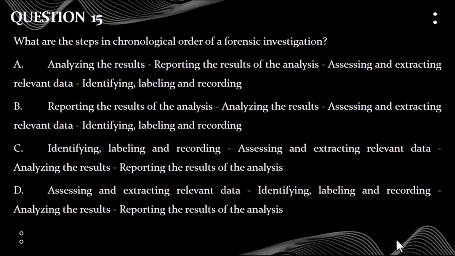C. Identifying, labeling, and recording, assessing and extracting relevant data, analyzing the results, reporting the results of the analysis. D. Assessing and extracting relevant data, identifying, labeling, and recording, analyzing the results, reporting the results of the analysis. For this, the correct steps for a forensic investigation is option C.